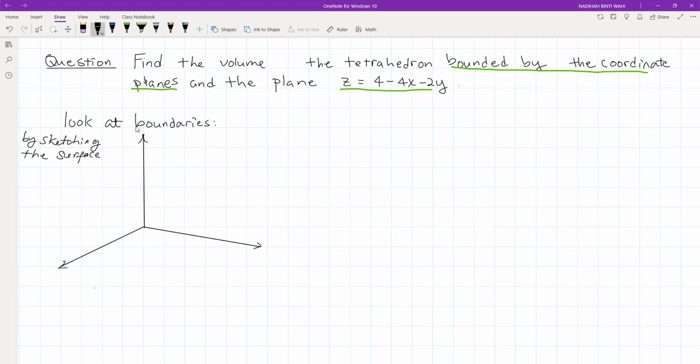Okay, let's see. So this is z, this is x, and this is y.